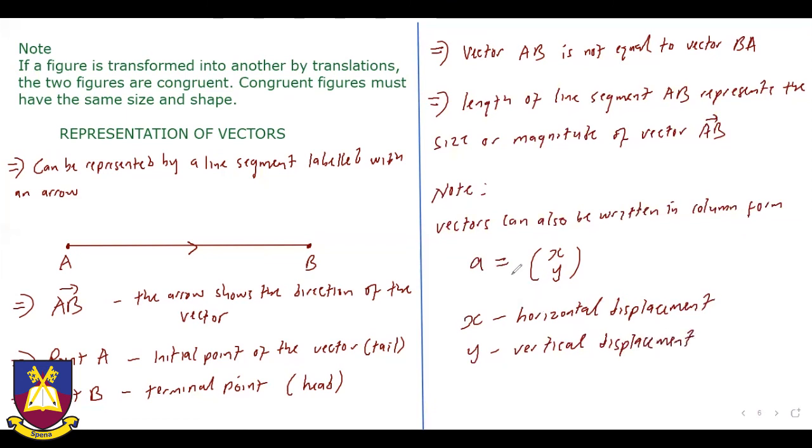So vectors can as well be written in column form. And we could make it bold. We can write vectors by bolding. So basically that's how we represent vectors.